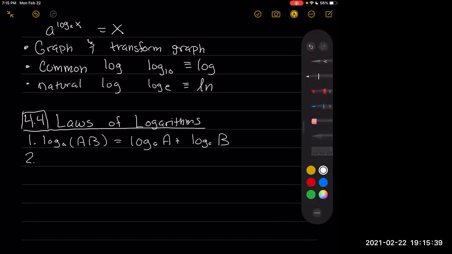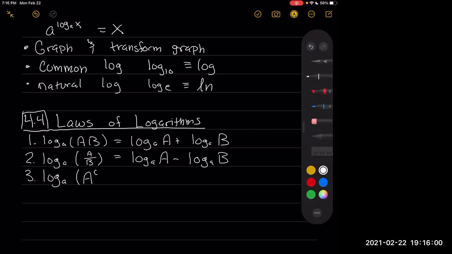Our second law was log sub a of a over b. This is log sub a of a minus log sub a of b. And then our third law is if we have log sub a of a raised to the c, this is c times log sub a of a.